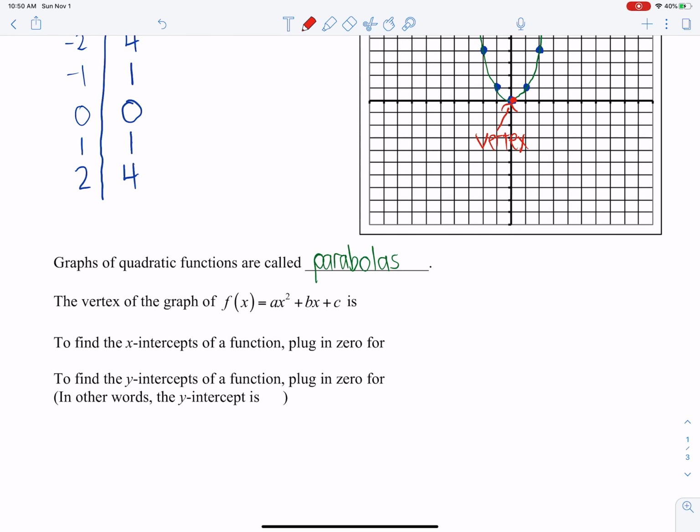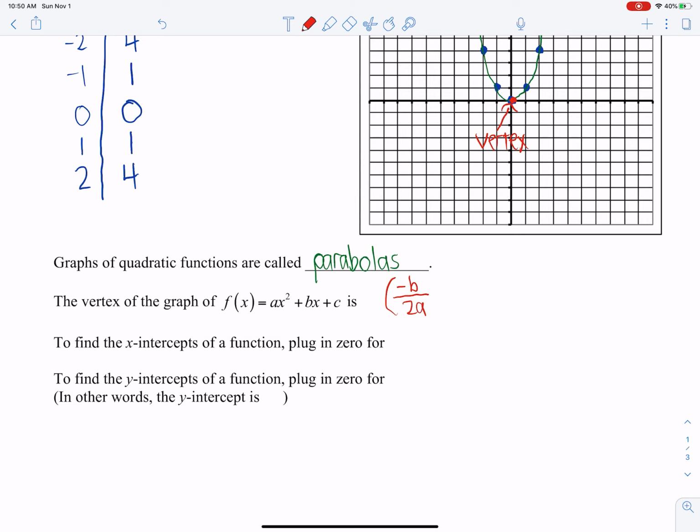For the vertex of one of these quadratic functions, to find the x value, you have this short little formula. One thing you might notice about it is that it's the same thing as the quadratic formula we learned earlier, just without the square root.